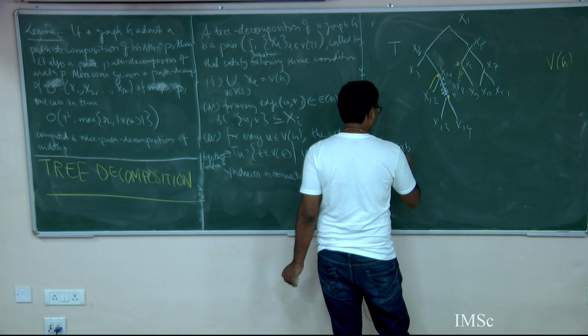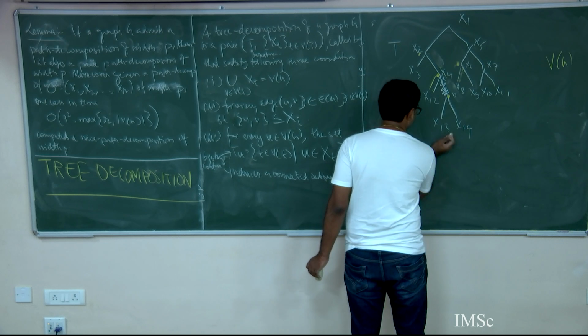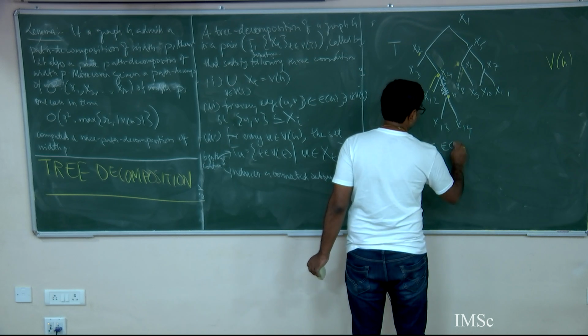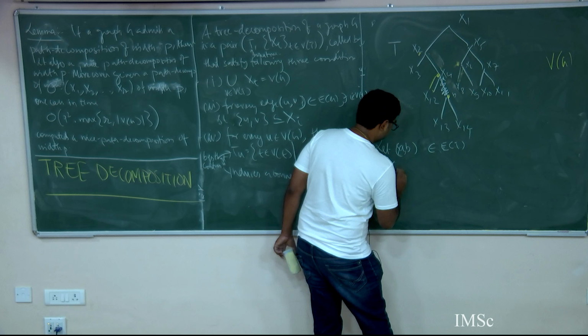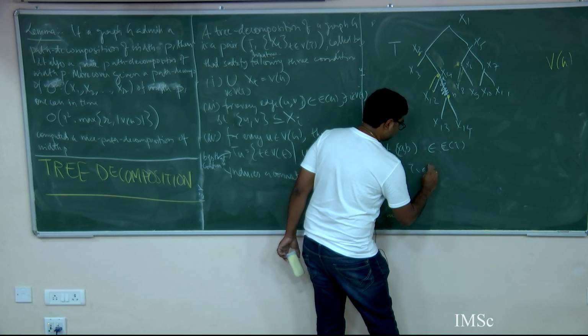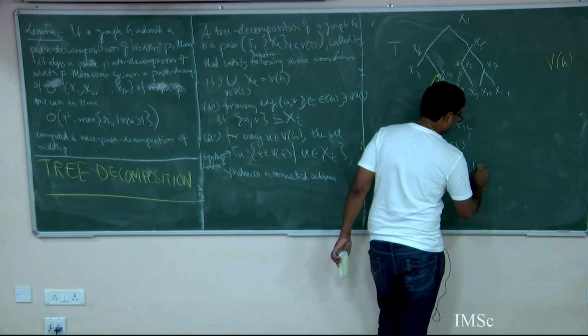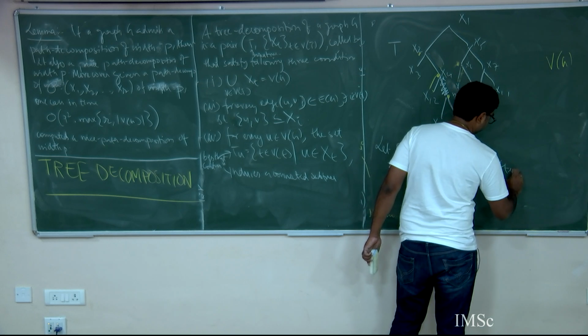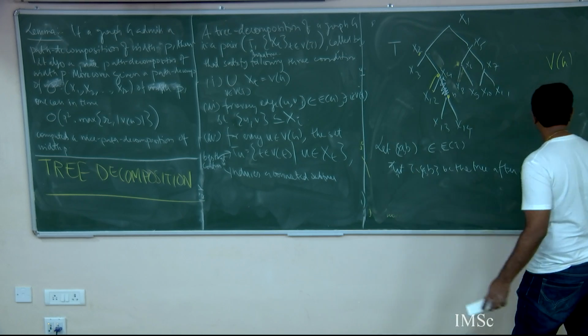Let (A, B) be an edge of T, and let T minus AB be the tree after deleting the edge AB.